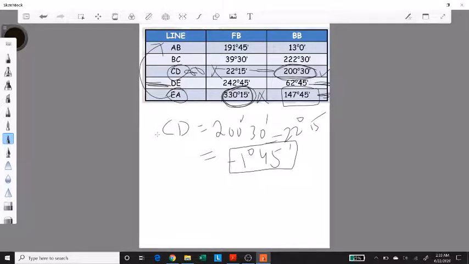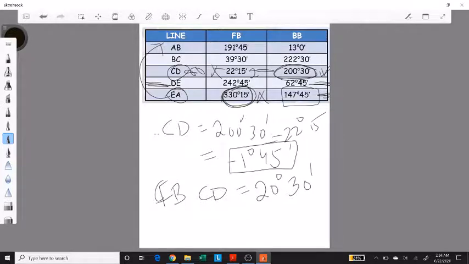Now since we have the correction at the point C, we can find out the correct bearings for the line CD, and the back bearing would remain the same, 230. So we discussed that this was okay, and all of this correction has to be applied on the forebearing of the side. So this 22 degrees 15 minutes would now become 20 degrees 30 minutes. So the forebearing of CD would become 20 degrees 30 minutes.